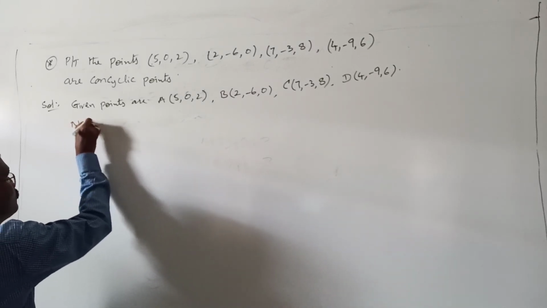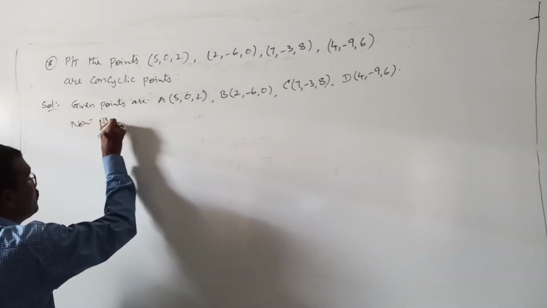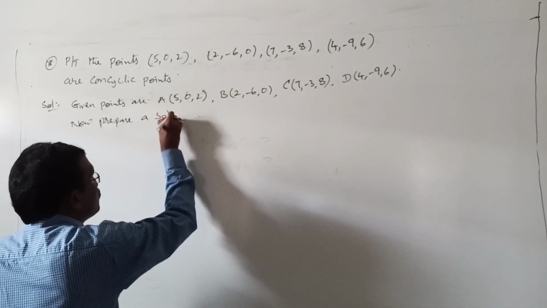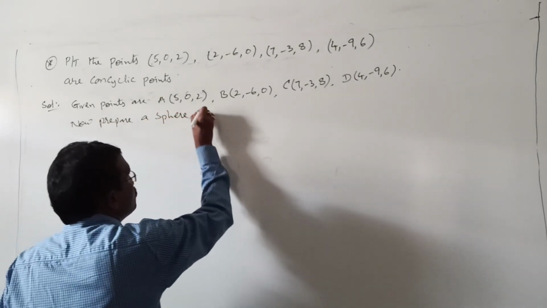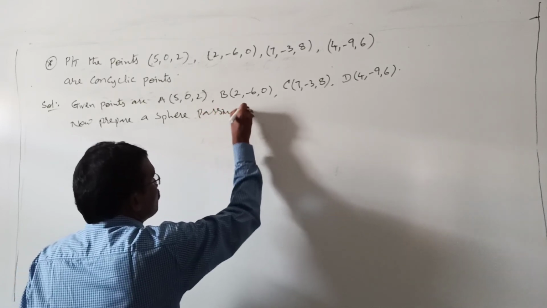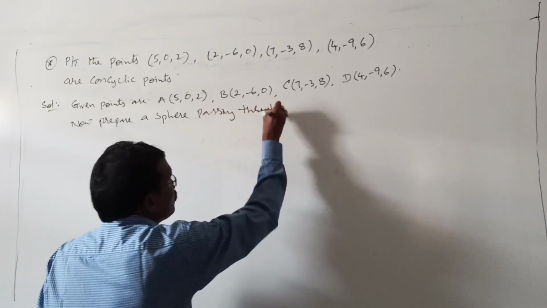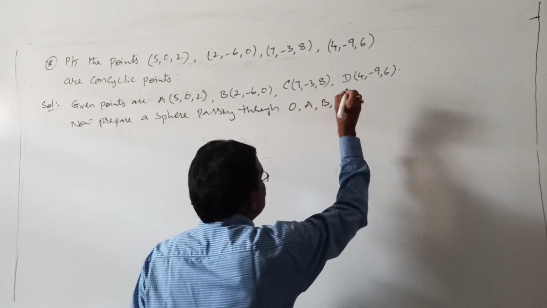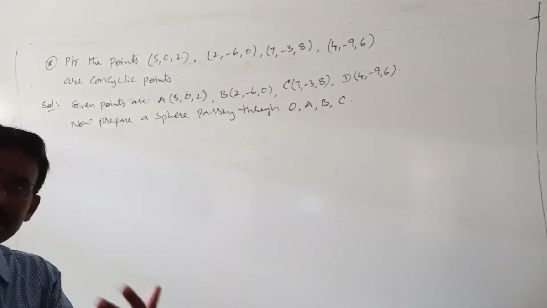Now prepare a sphere passing through O, A, B, C. This is the first step. For that, take the general form of the sphere.